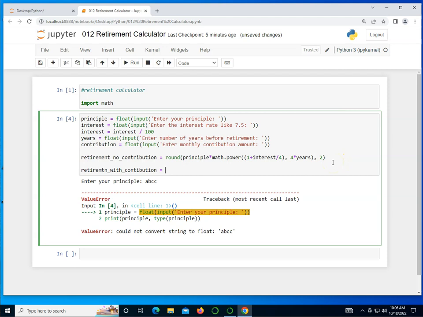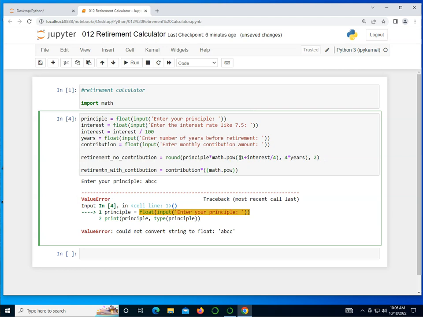Let's come down and do the next one, which is going to be contribution times parentheses, double parentheses, math.pow. Let's do this as pow; I think power might throw an error message.